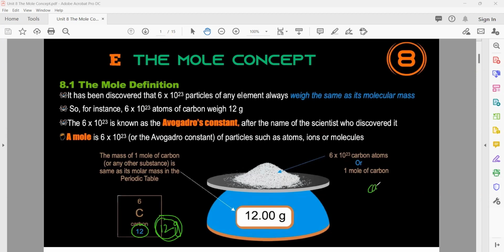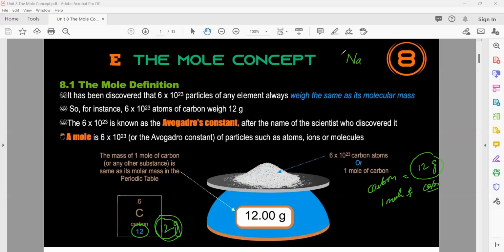If you take carbon, how much carbon do you take? 12 grams. So that is known as 1 mole of what? 1 mole of carbon.